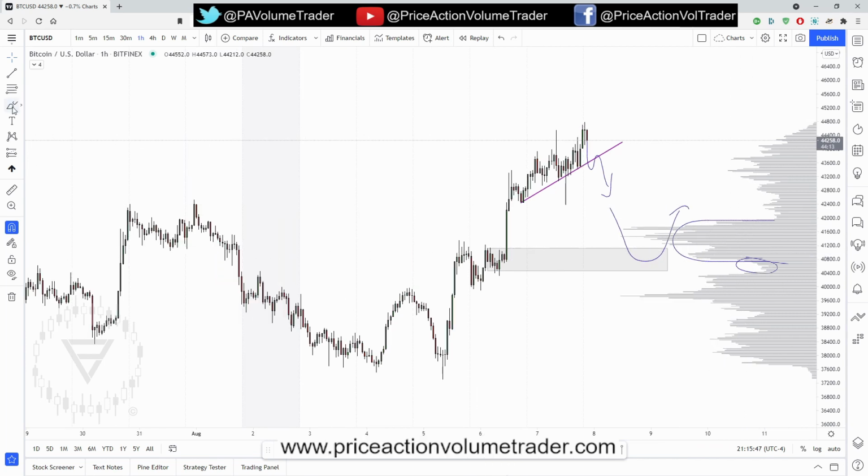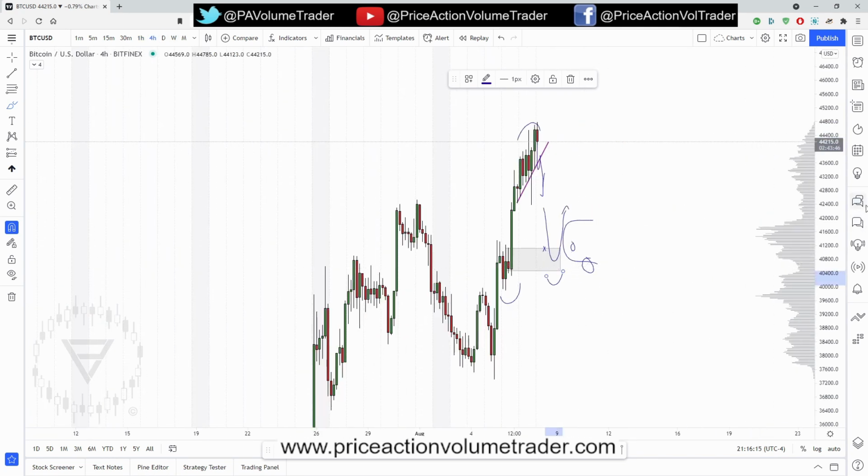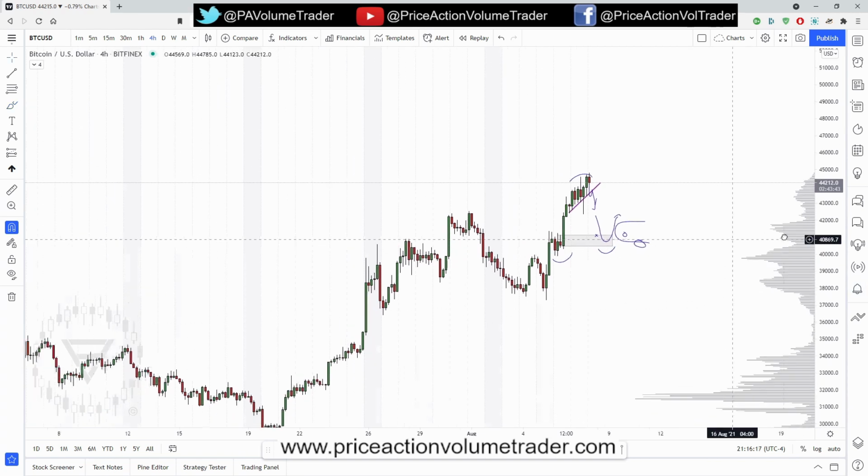You can see there's a little cut here too. So like I said, this would be the first obvious target down, but this could pull back even lower into these more prominent cuts in volume, and then I would just look for this to bounce over here. And even if we come all the way down here on the higher time frame, this will be a higher low, as you can see.